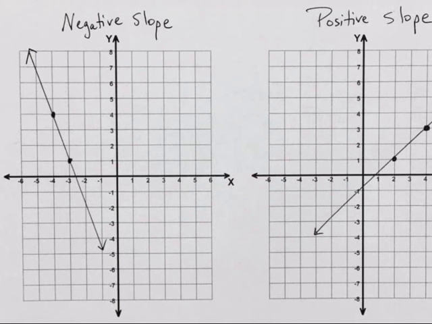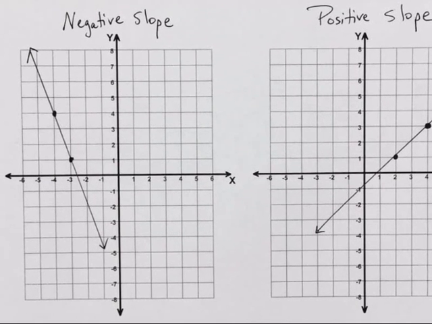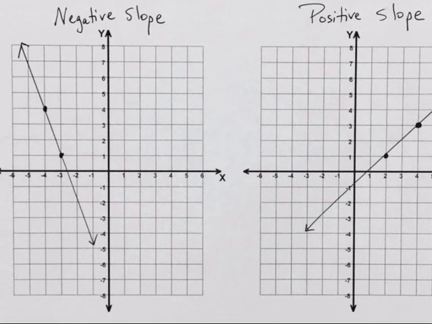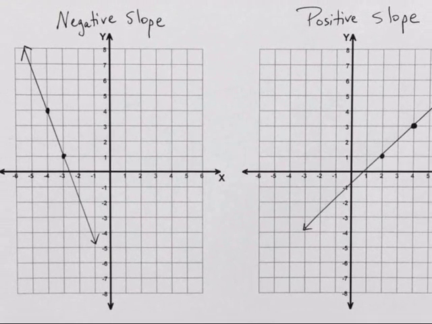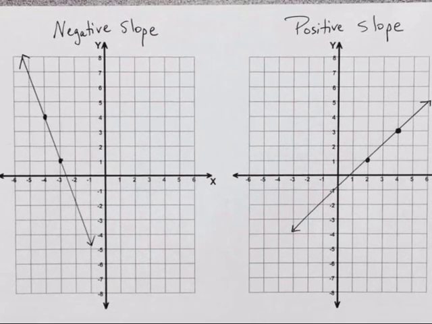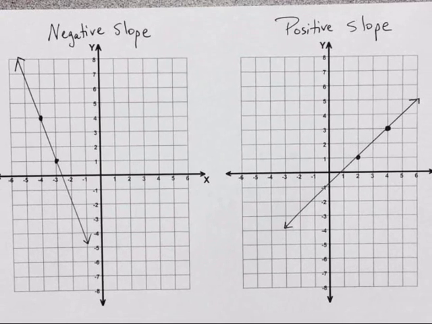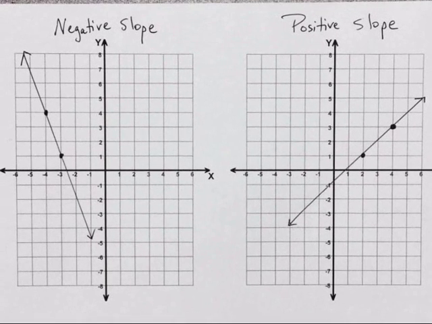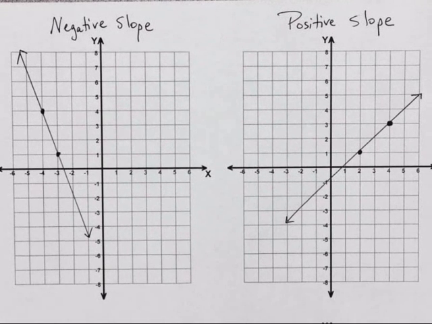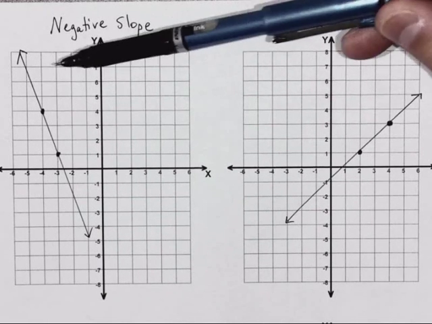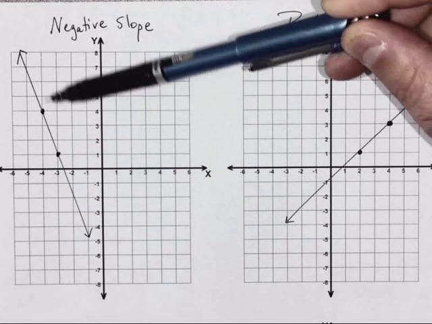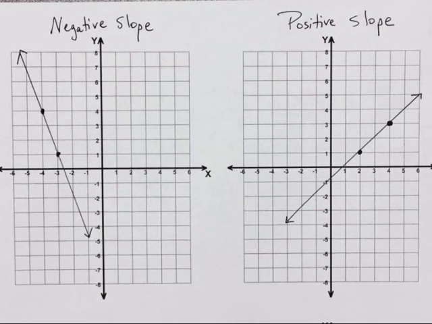The purpose of this video is to explain the concept of slope and rate of change. As you can see here, I've got a couple of graphs of two different linear functions. The one on the left has negative slope, and slope tells us essentially how steep this line is and the direction in which that line is moving.